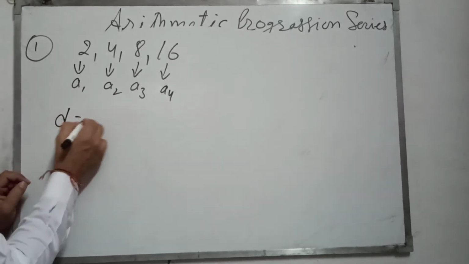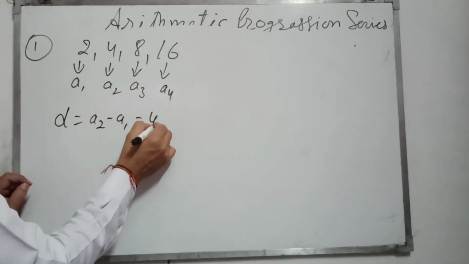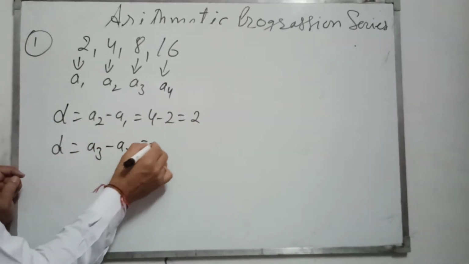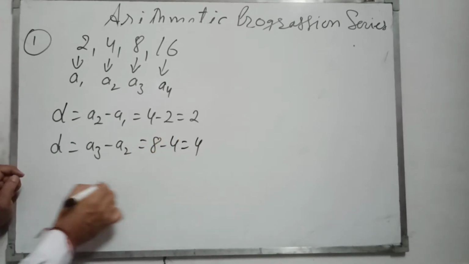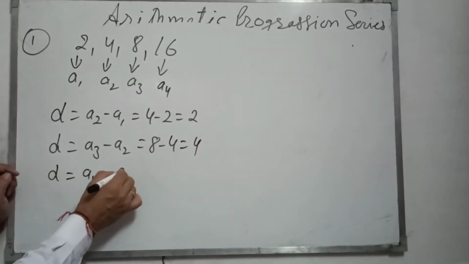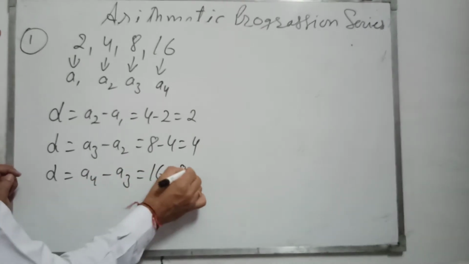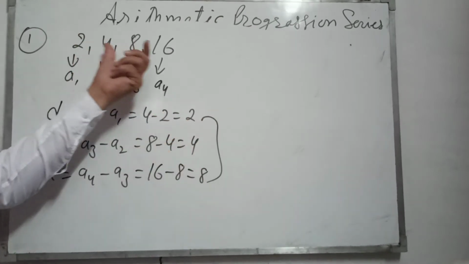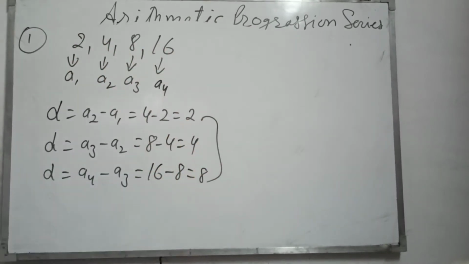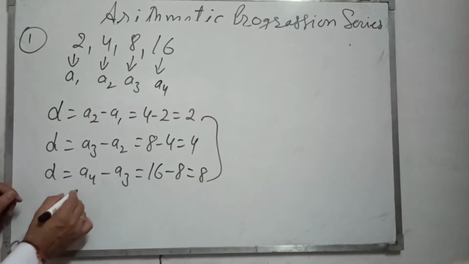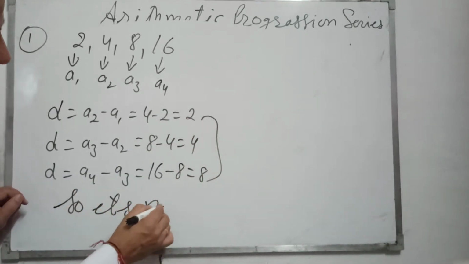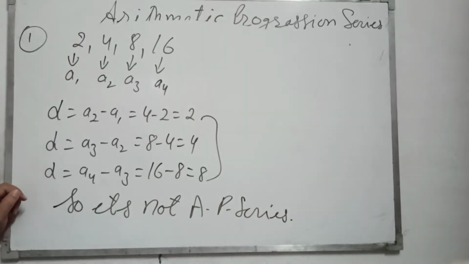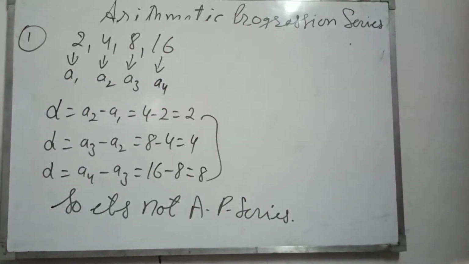D equals A2 minus A1, that is 4 minus 2, which is 2. D equals A3 minus A2, that is 8 minus 4, which is 4. And D equals A4 minus A3, which is 8. Now you find that the difference between these terms is not the same, it's not fixed, so it's not an AP series. Right? So look at the next question.